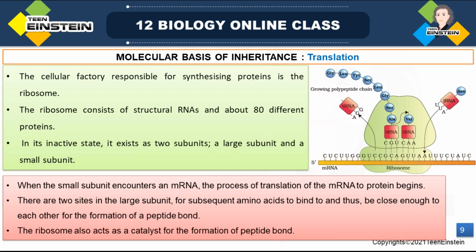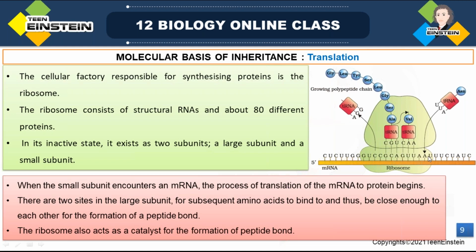The ribosome consists of structural RNA and about 80 different proteins. And when a ribosome is in an inactive stage, it exists as two subunits.